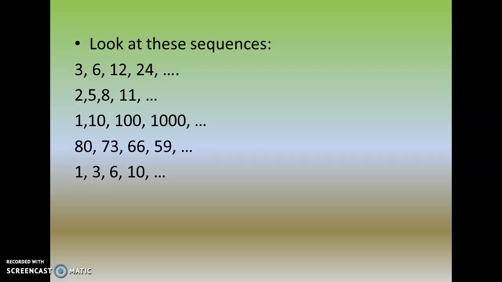So 1 plus 2 is giving me 3. That's the next term. 3 plus 3 is giving me 6. 6 plus 4 is giving me 10. So I see that I have to add the next number, which is going to be 5. 10 plus 5 is 15. So therefore the next number is going to be 15.